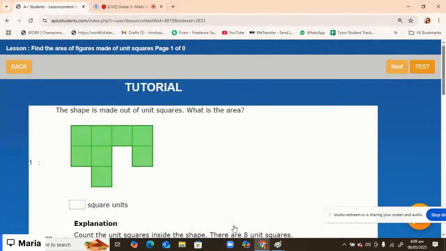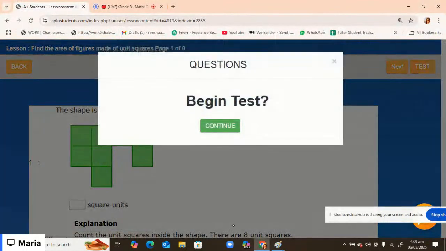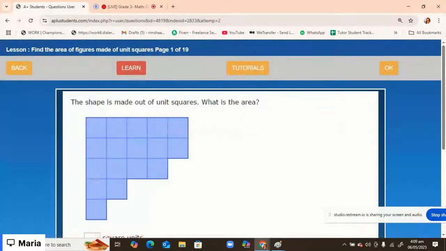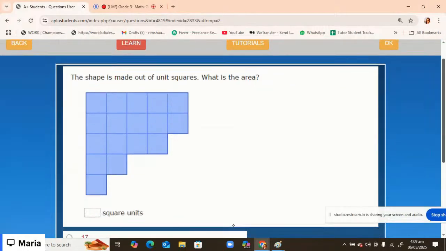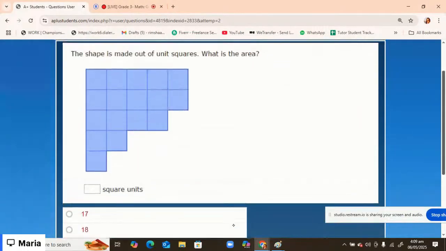Now let's do the test questions. You guys tell me the answers. Hurry up. This shape is made out of unit squares. What is the area? Count it all. Is it 17 or 18 square units? Everyone count it and then tell me. Look, 1, 2, 3, 4, 5, 6, 7, 8, 9, 10, 11, 12, 13, 14, 15, 16, and 17.